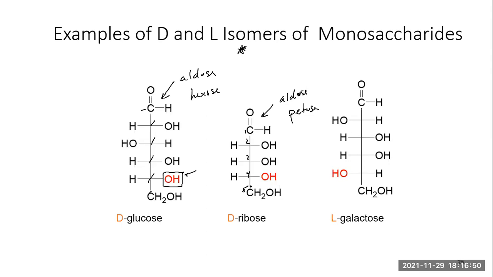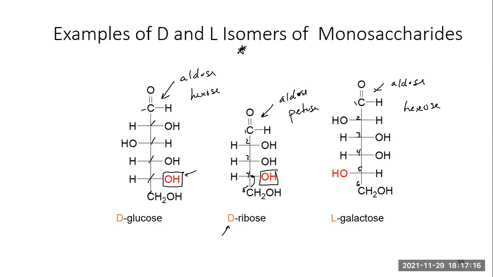And again, the last chiral carbon right there, and our OH group again on the right-hand side, hence the D. And lastly, this is galactose, also an aldose. It also has 1, 2, 3, 4, 5, and 6 carbons, which is a hexose.